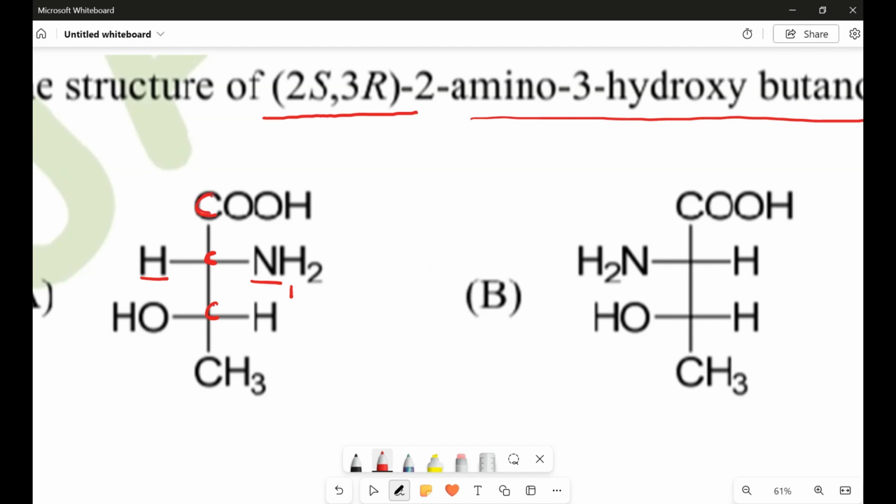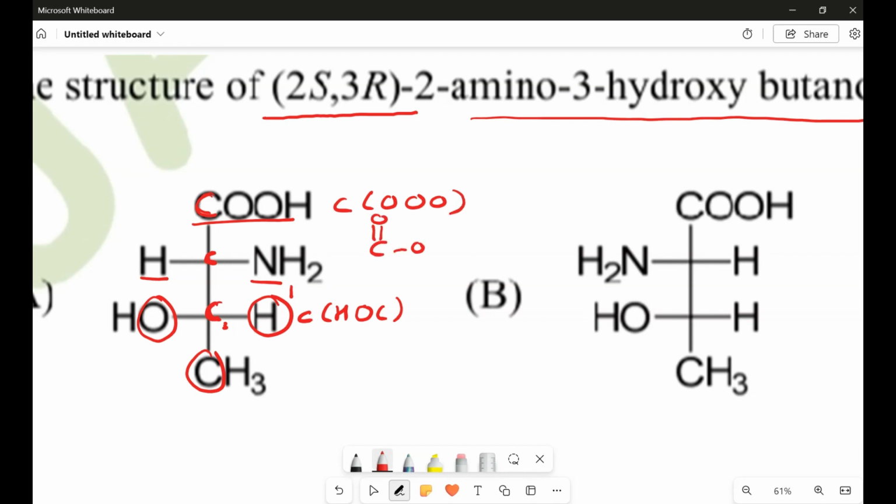This particular carbon, the third carbon, has hydrogen, oxygen, and carbon attached to it. Whereas the carboxylic acid carbon, we already know, has three oxygens. So already I've told you: C double bond O corresponds to a carbon attached to two oxygens, and you have one more oxygen here.